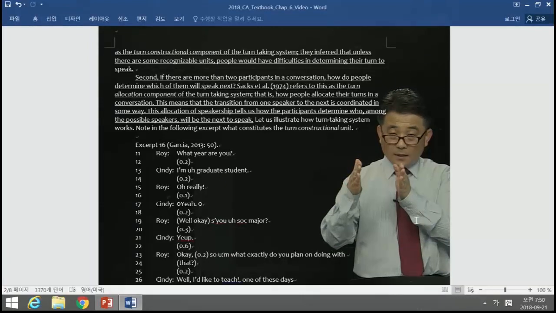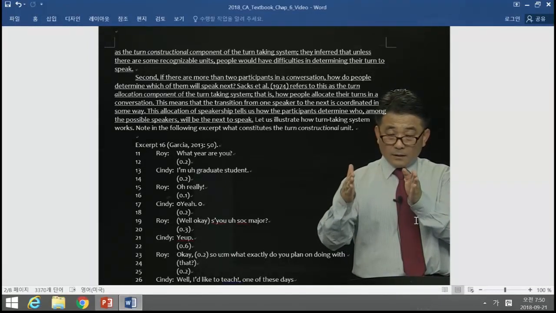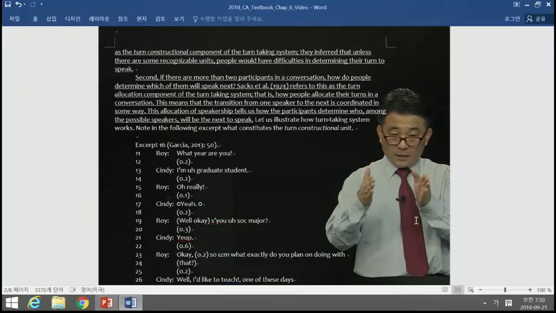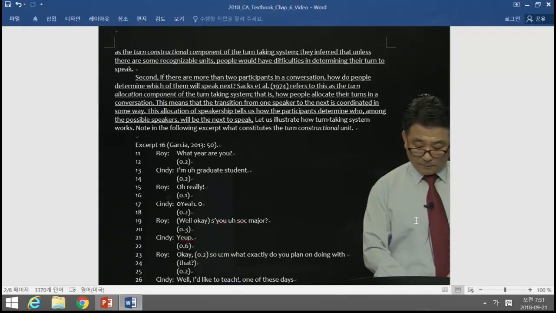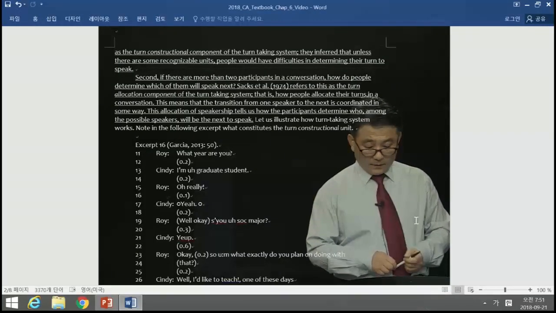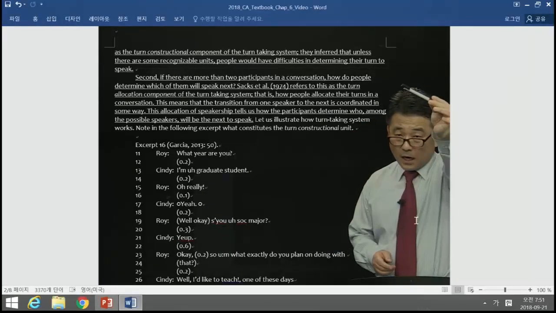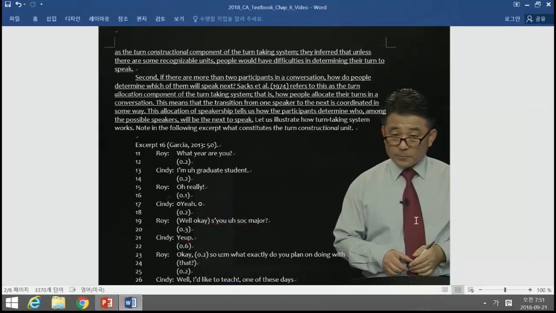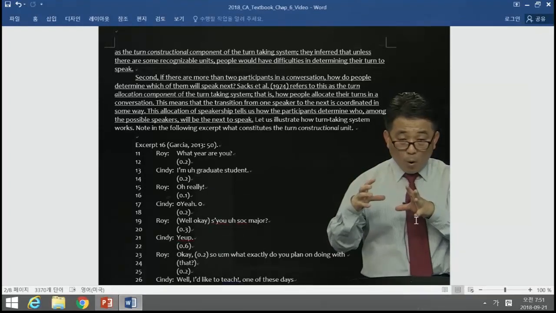Because if people agree that a turn consists of these particular components, then they would know when to begin their turn, and they would predict when the current turn is finished, and so on. The second issue, if there are more than two participants in conversation, how do people determine which of them will speak next? The first one was about the component of turn.